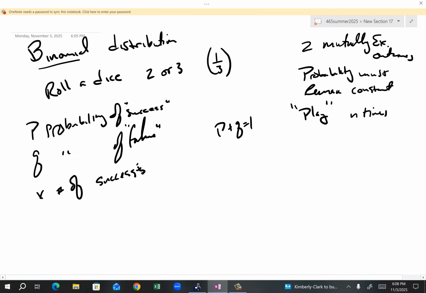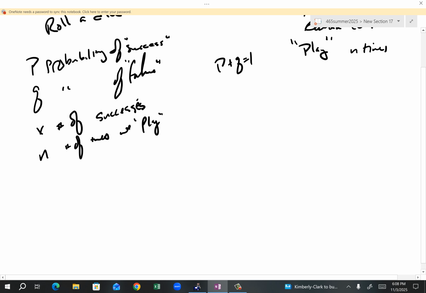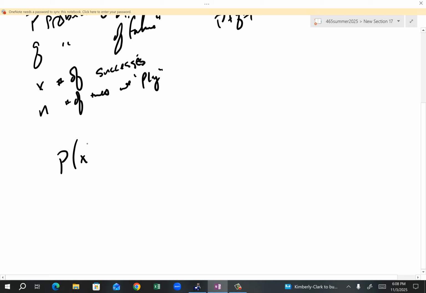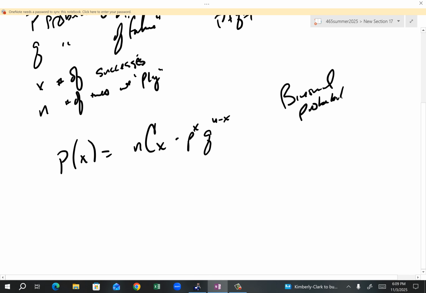And then N is the number of times we play. Okay? And so our formula ends up being this. The probability that we get X is equal to N choose X, P to the X, Q to the N minus X. This is referred to as the binomial probability density function, or PDF for short.